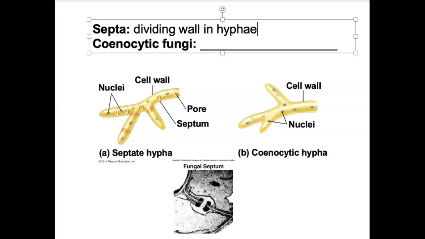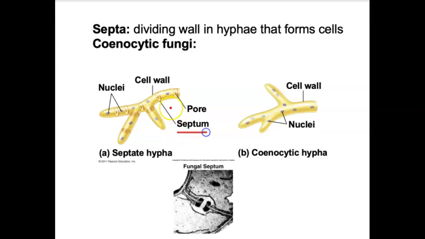So the septa is a dividing wall in the hyphae that forms cells. You've heard of a thing called a septum in your nose that divides the right and the left side from each other. Well, lots of fungal hyphae will have little septa or septum.